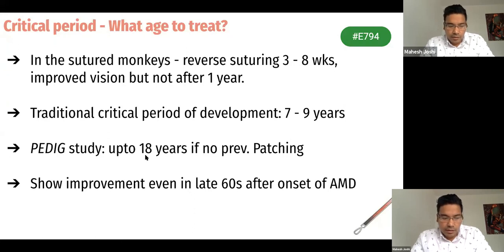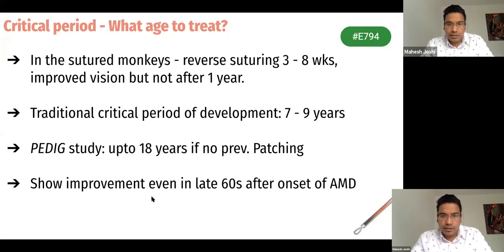And in one of the studies that looked at amblyopic patients who developed AMD in their late 70s or 80s, what they found was that when the AMD developed more severely in their normal eye, the visual acuity in the previously amblyopic eye started to improve.